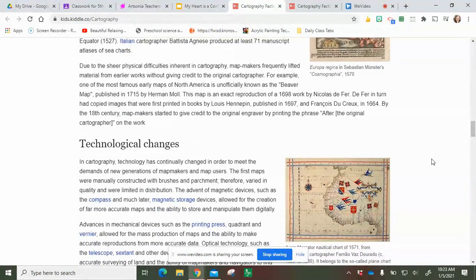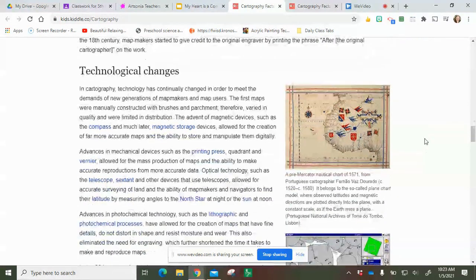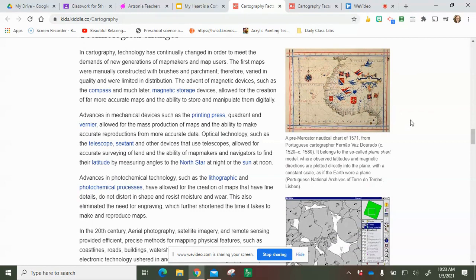So in cartography or map making, you have some new technology coming out at different times, with the invention of the compass. People could explore more, and then of course document more things on their maps. Then you have something called the printing press that can make copies and copies of the maps for captains of ships that are sailing around the world. So they're using compasses.